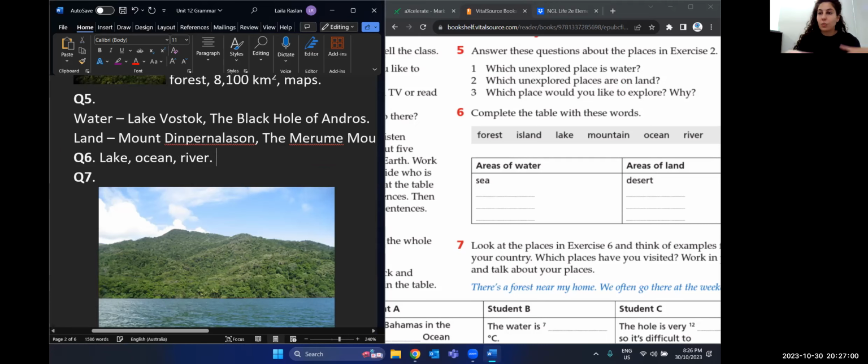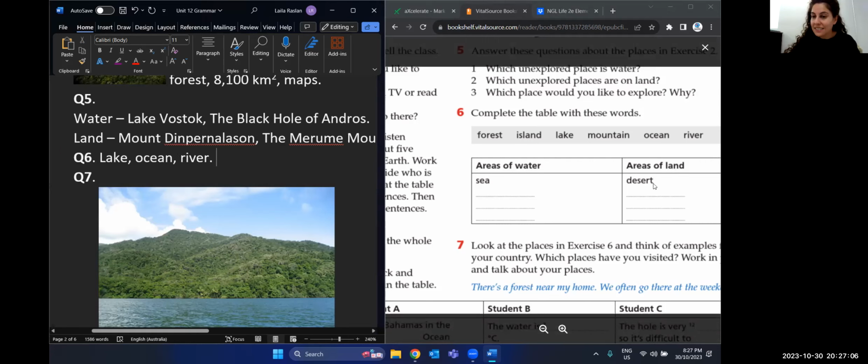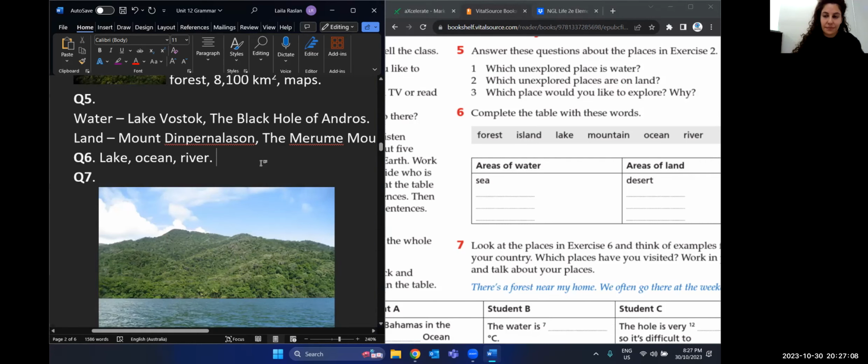These are all words that have to do with water. Which words are land? Desert, mountain, because that's on land, mountain, forest, and forest.